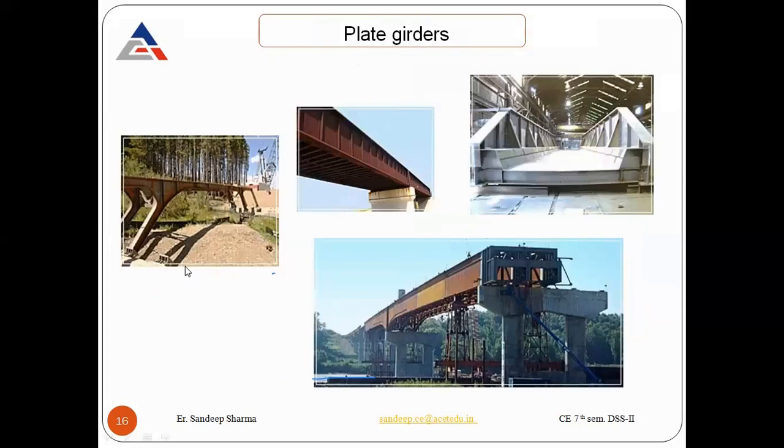Here we have some pictures of plate girders, for railway bridges as well as for road bridges. These are the kinds of girders that you can construct. They are used for very heavy loaded constructions, where we use these kinds of plate girders.